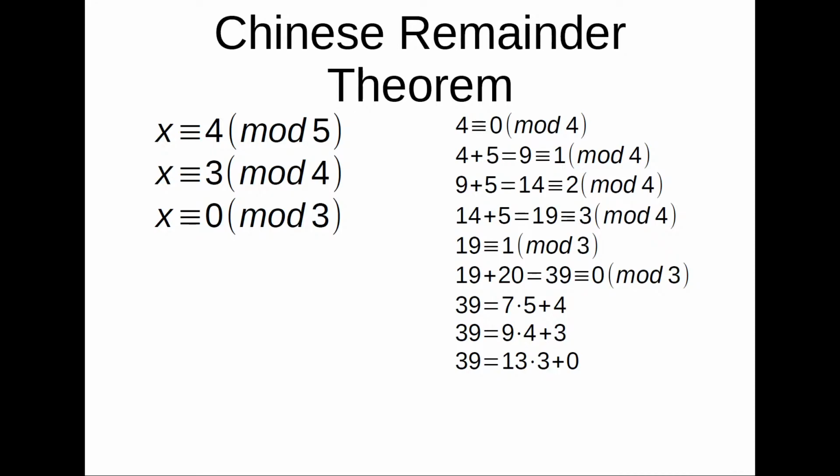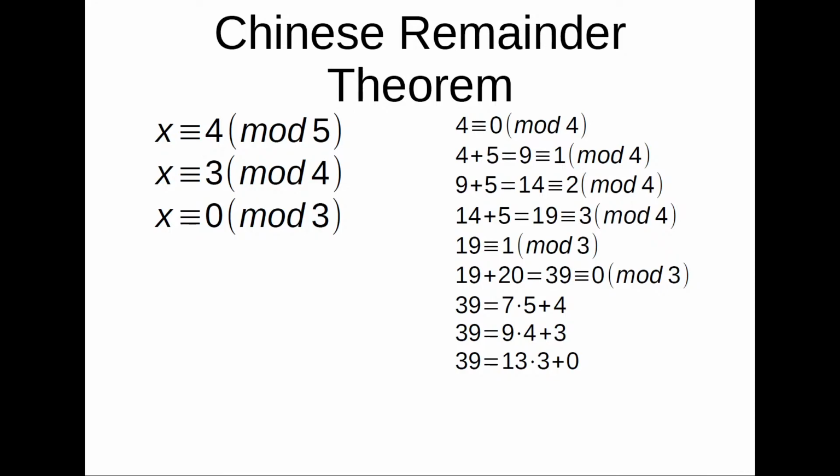So now you have to find a number which is congruent to 0 mod 3. So you'll start with 19, which is congruent to 1 mod 3. And then you'll add 20 this time because you already did 5 and 4. So 5 times 4 is 20.